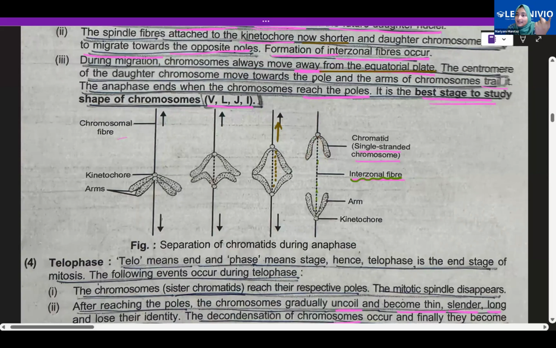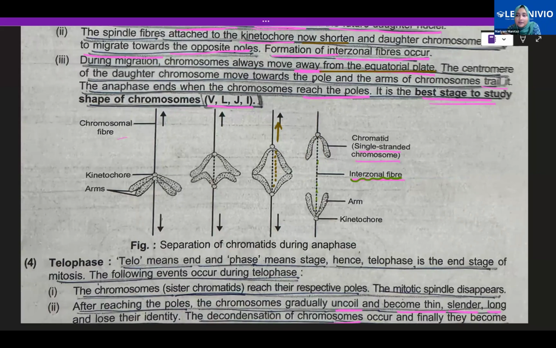Do you remember metacentric, submetacentric, acrocentric, different types of chromosomes? Remember, depending upon the position of the centromere. So for example, if I take this chromosome, which has a very long leg, then when it splits up, it's not going to form a V. Rather, it will form an L shape.